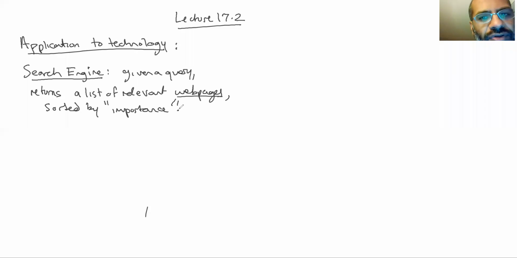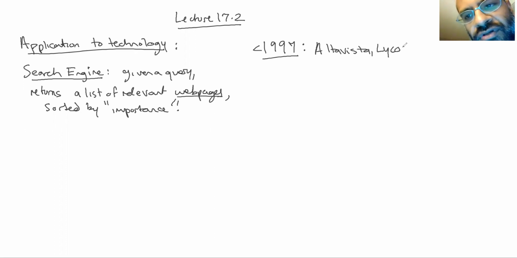So the internet really became popular in, I suppose, the 90s. And initially, there were a number of search engines up till 1997, for example, Alta Vista, Lycos, previous versions of Yahoo. Not sure how many people are familiar with these, which were based on the idea that the importance of a web page should somehow be intrinsically defined.